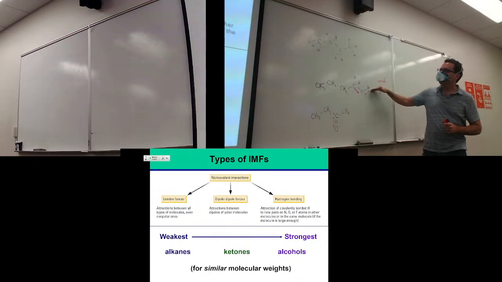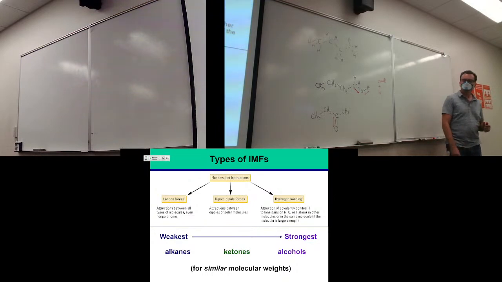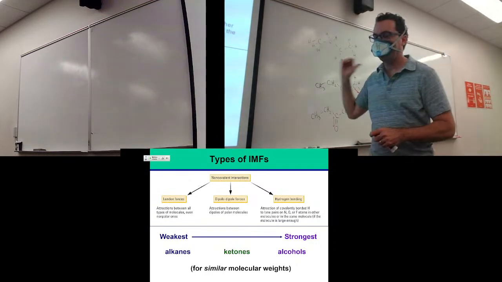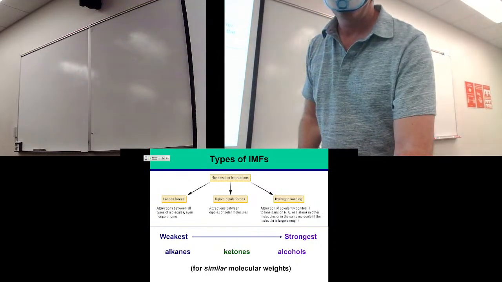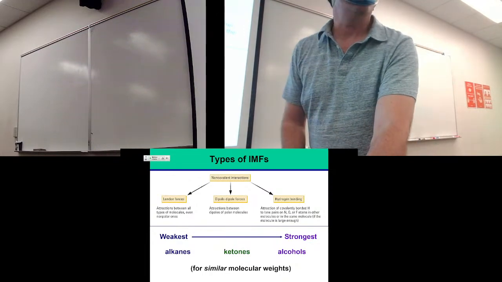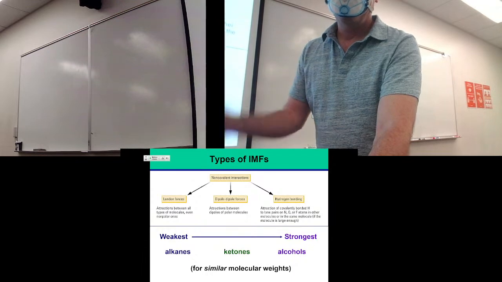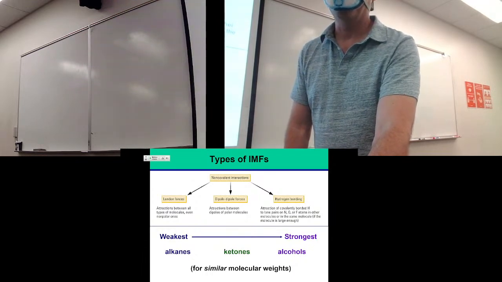This alcohol will do something special called hydrogen bonding. The OH does a special kind of intermolecular force called hydrogen bonding, and I'll show you what that looks like. And it's the strongest IMF, and that's why it has the highest boiling point. Water, by the way, does hydrogen bonding, which is why water is a liquid at room temperature for being such a light molecule.